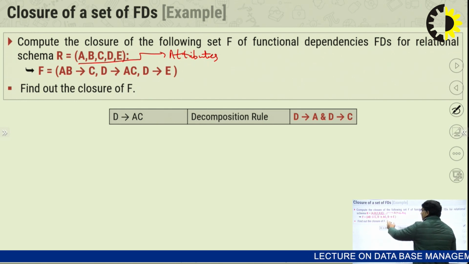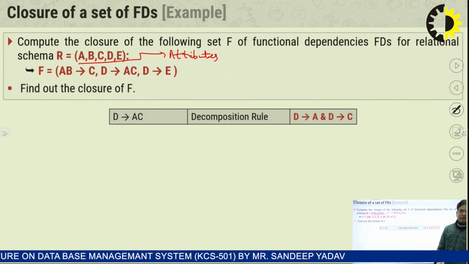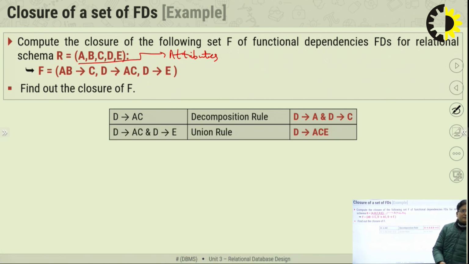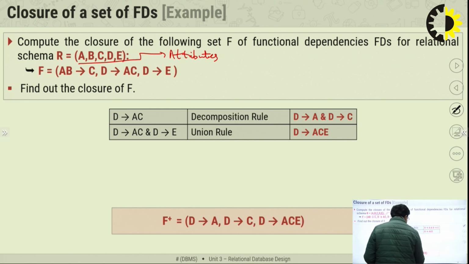So in the second FD we have applied the decomposition rule, and we get 2 new FDs, D determines A and D determines C. Second, D determines AC and D determines E. Now applying the union rule, that is rule number 4, D determines ACE. So what are the new set of FDs? Finally we have got D determines A, D determines C and D determines AC.